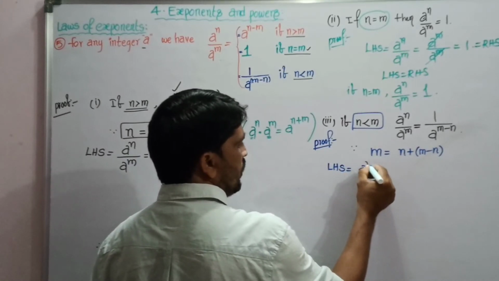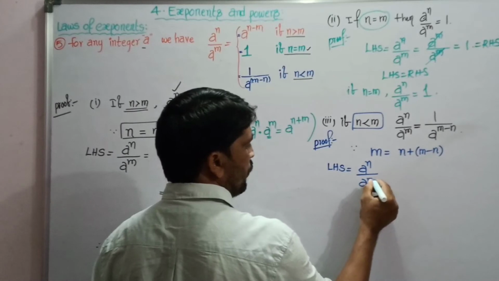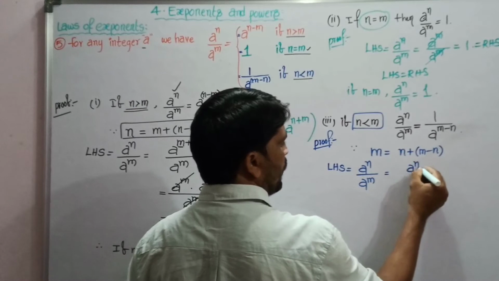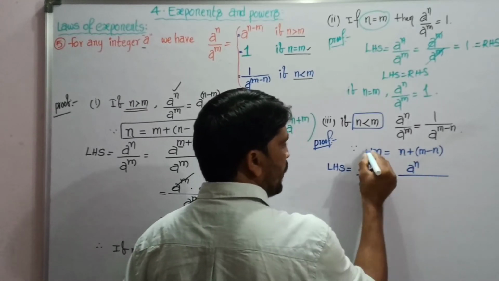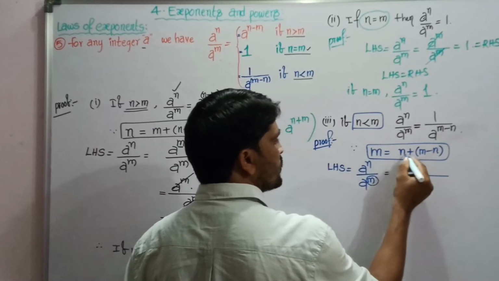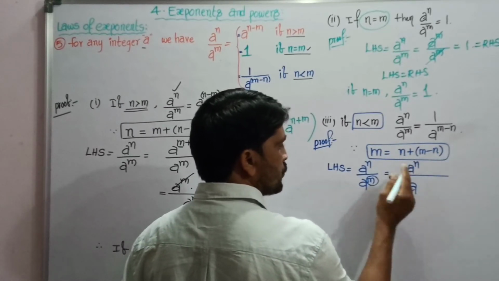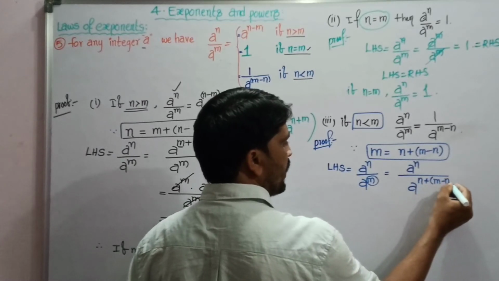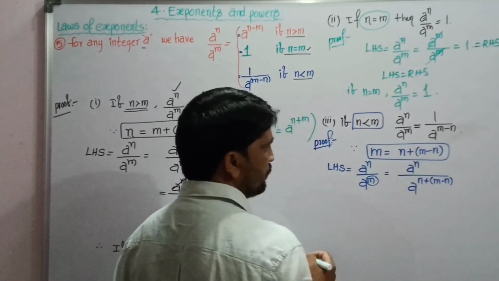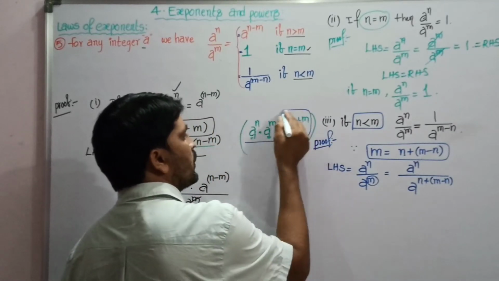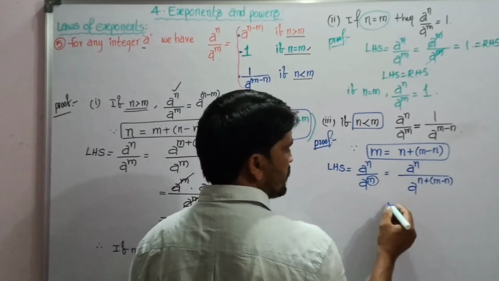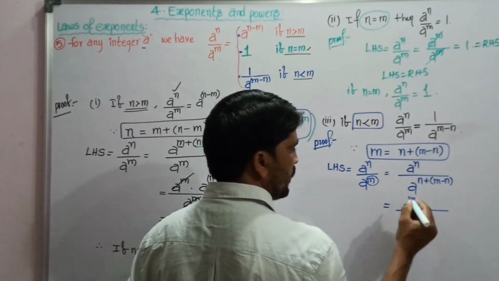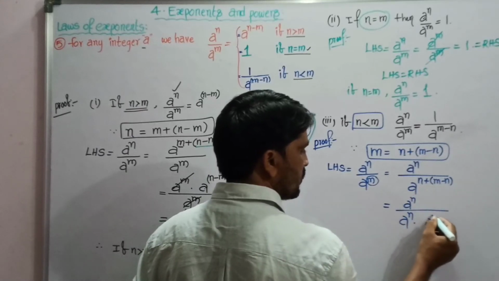LHS equals a power n by a power m, which is equal to a power n by, since m can be rearranged as n plus m minus n, so substitute the m value, a power n plus m minus n. By using the first law of exponents, this can be expressed as a power n over a power n into a power m minus n.